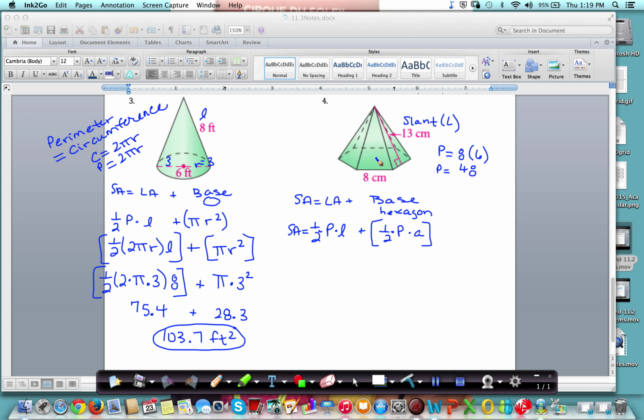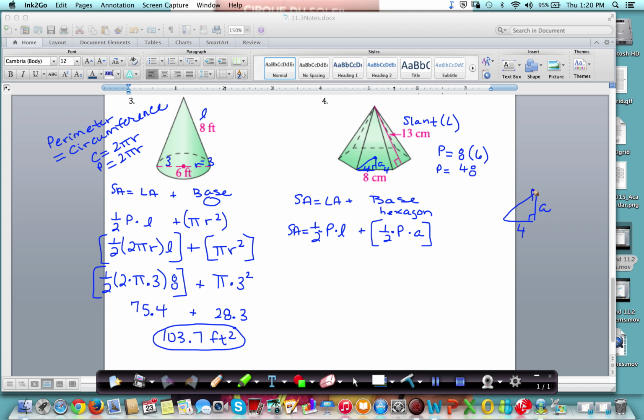So again, I got to draw that in. That's my apothem. From the center to the center of a side forms a right angle. So there's my triangle, okay? So if I draw my triangle over here, apothem, the whole piece here is 8. So this is a 4 and a 4. So this is a 4.